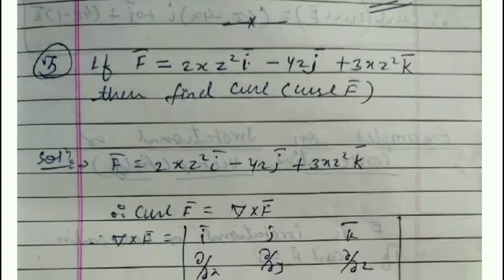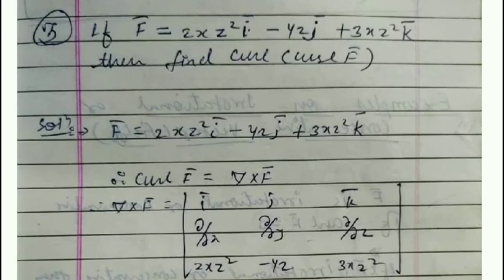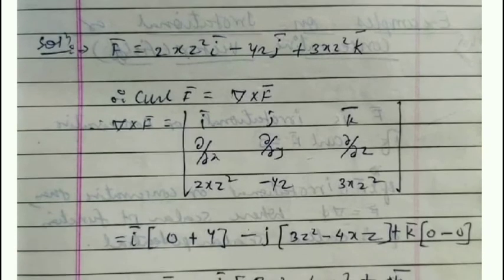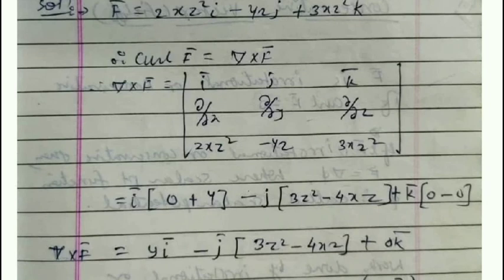Third question, if f bar equals 2xz square i minus yz j plus 3xz square k, then find curl of curl of f bar. In this question, first calculate curl of f bar, and after getting this value, again find the curl of that vector. So let f bar be this.